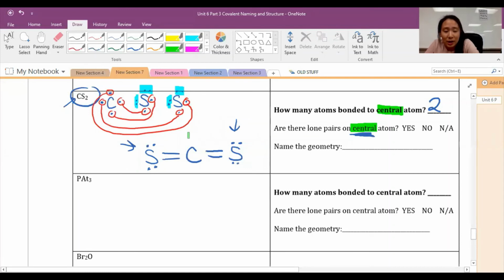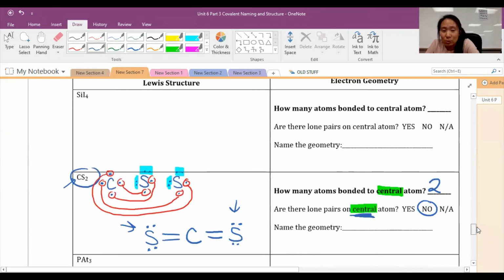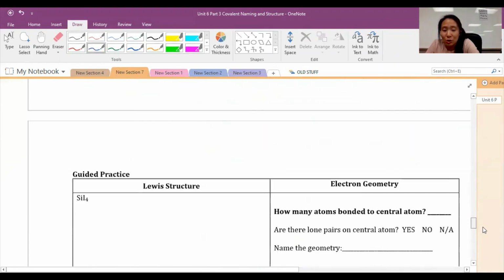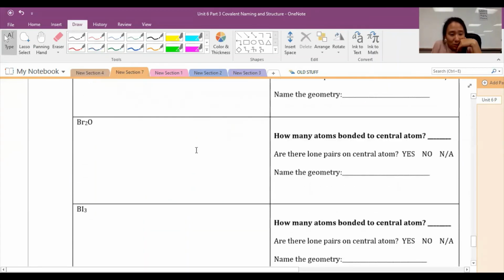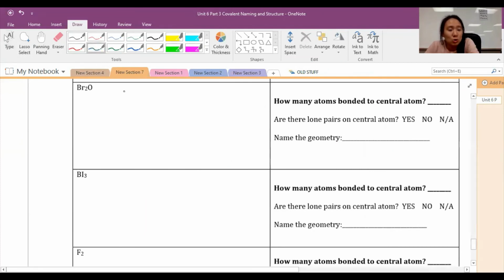Are there any dots around carbon? No, okay? So 2 and no is then what shape? You go back and see that 2 and no creates a straight line, so you would write that it's linear. This is the thought process that you need to have in order to answer the question as to what shape it is, okay? One other example I wanted to do was this one, Br2O.